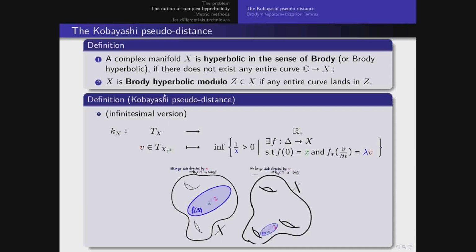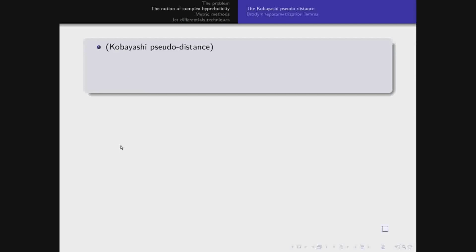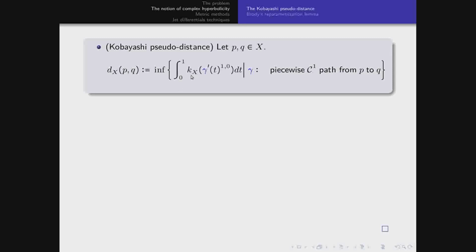Okay, and the Kobayashi pseudo-distance is the pseudo-distance that you get by integrating this infinitesimal version. So how do you do that? Take two points p and q on your variety X, and you define the pseudo-distance between p and q by taking the infimum over all piecewise C^1 paths gamma going from p to q, and over them you integrate k_X applied to the (1,0) part of the derivative of gamma.